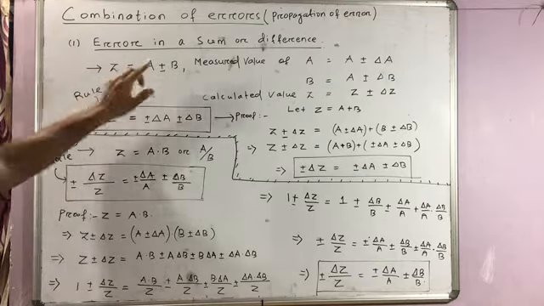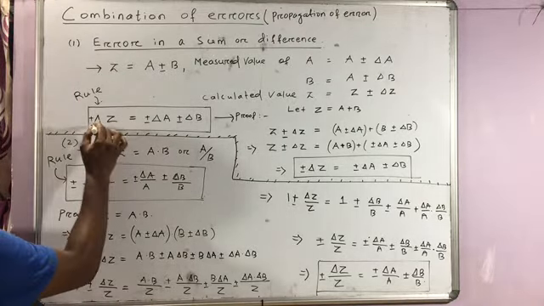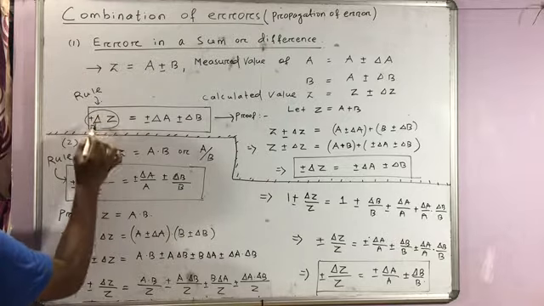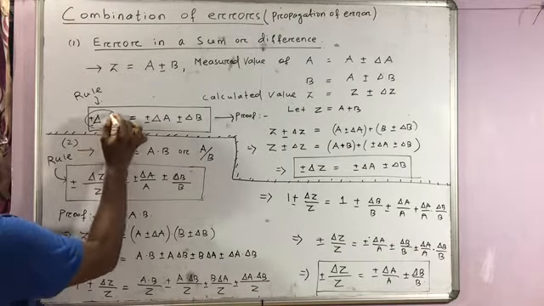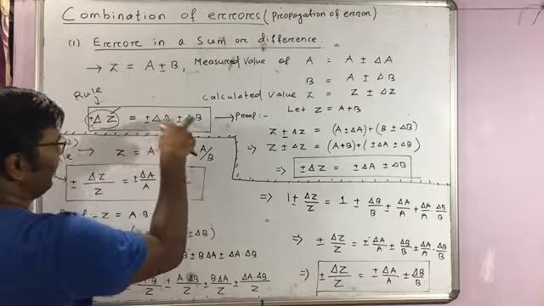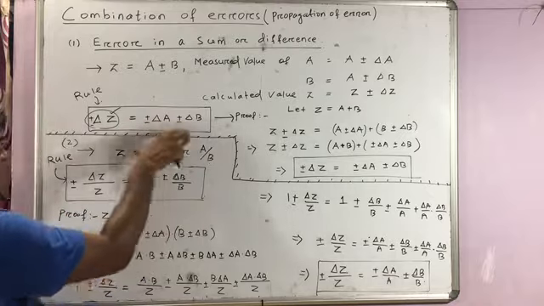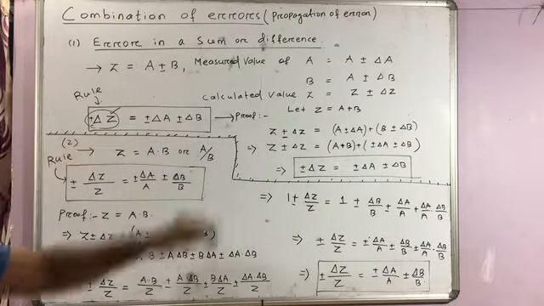Means if Z is equal to A plus B or A minus B, then the absolute error in Z, denoted by delta Z, is the sum of the absolute error in A plus the absolute error in B. We can prove this in a simple method.